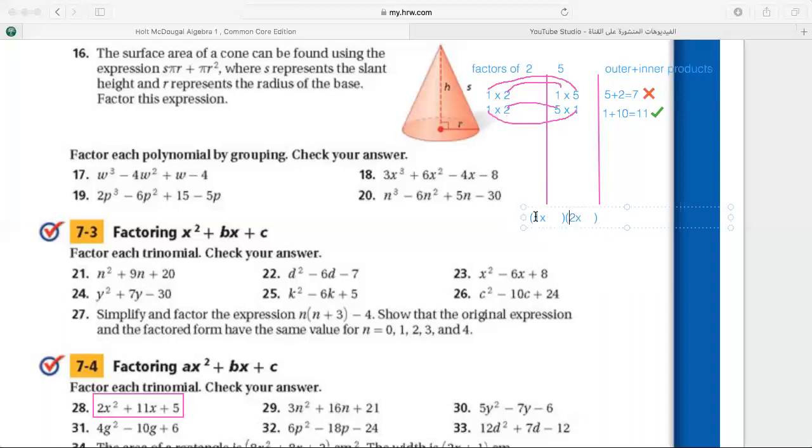So I will put here 1 and here 2. Then I will choose 5 and 1, taking the same order: here plus 5, and here plus 1. So the two factors are x plus 5 and 2x plus 1.